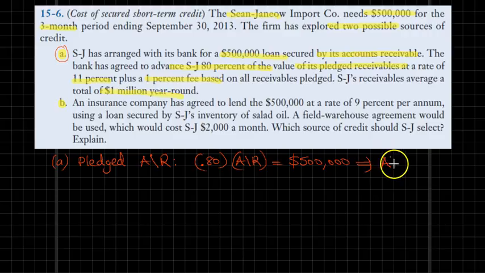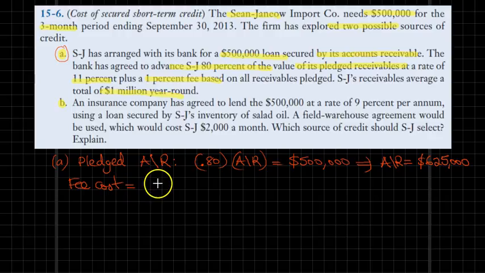From here we realize that the pledged amount will be $625,000.